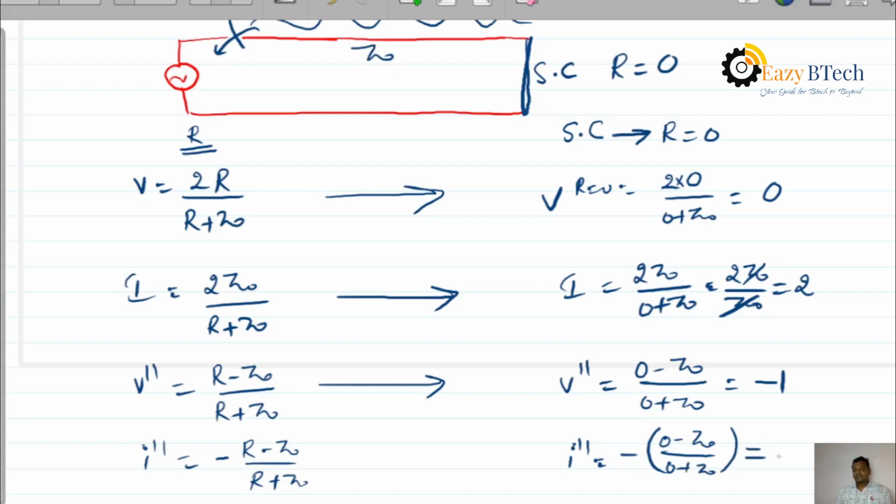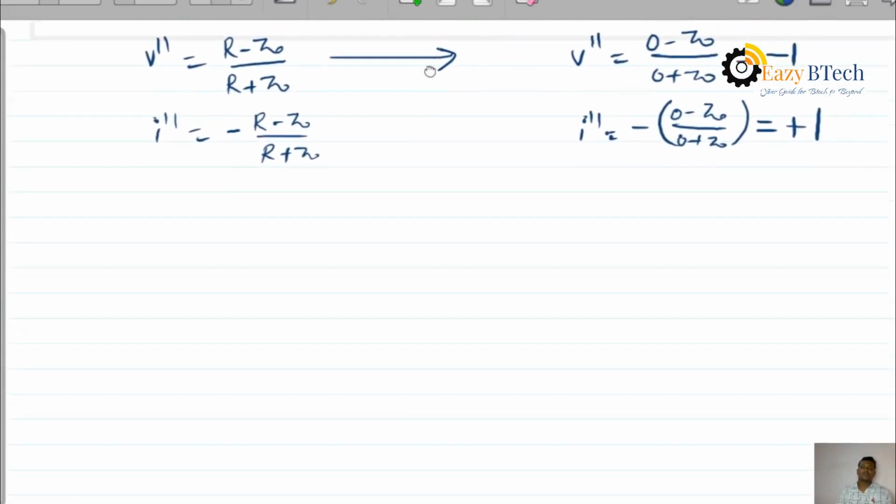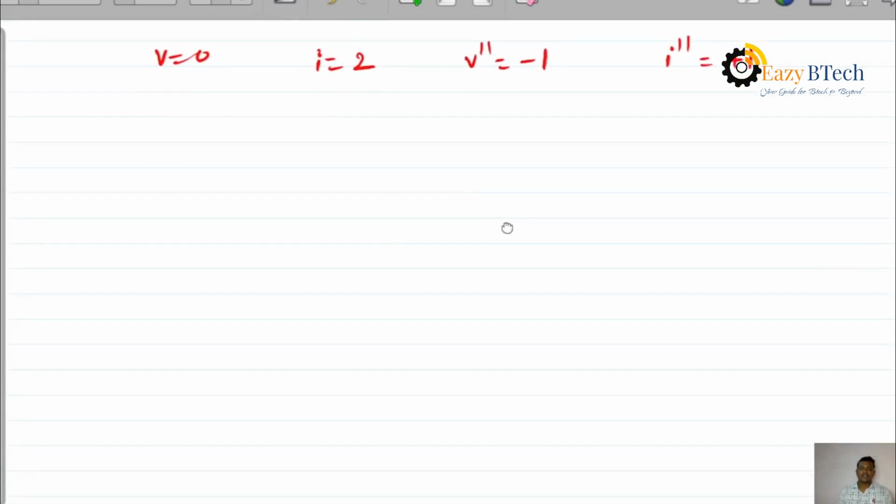It becomes plus 1. Those are the coefficients for voltage and current waveforms in a short circuit: V equals 0, I equals 2, V double dash equals minus 1, I double dash equals plus 1.